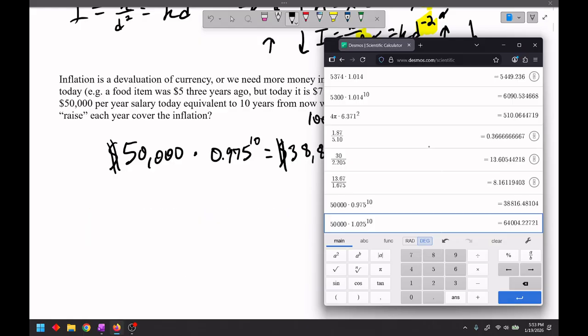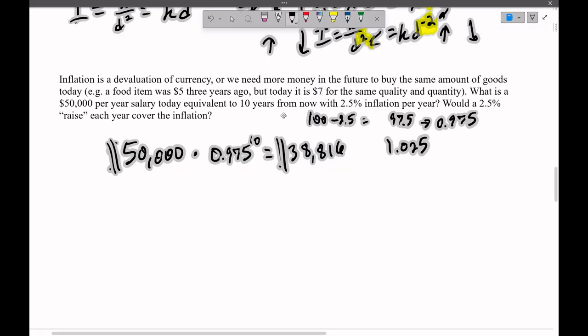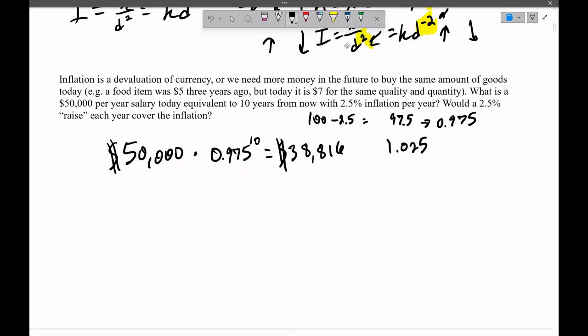So if you don't get a raise each year, but you make $50,000 each year, then you're actually making less and less each year. That's the whole idea here that you're supposed to get.